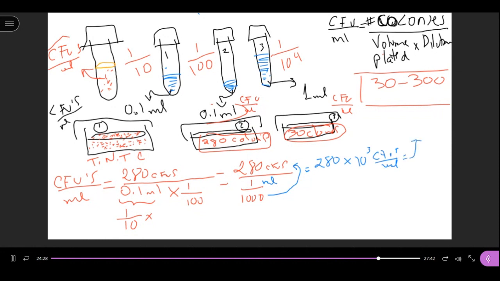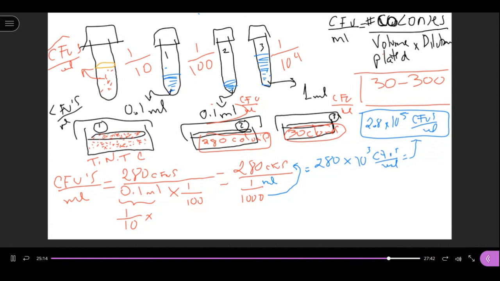So 280 CFUs times 1,000, and that gives you the answer, which is 280,000 CFUs per mil. If you express it in scientific notation, which is what you should do, it will be 2.8 times 10 to the 5th CFUs per mil. So that's how many cells, I should say, per mil in the original sample, 280,000.